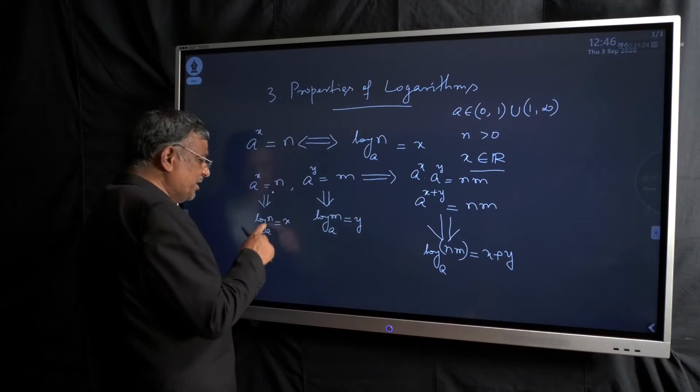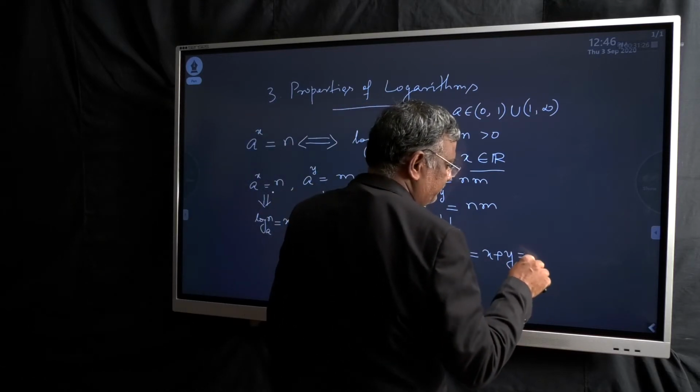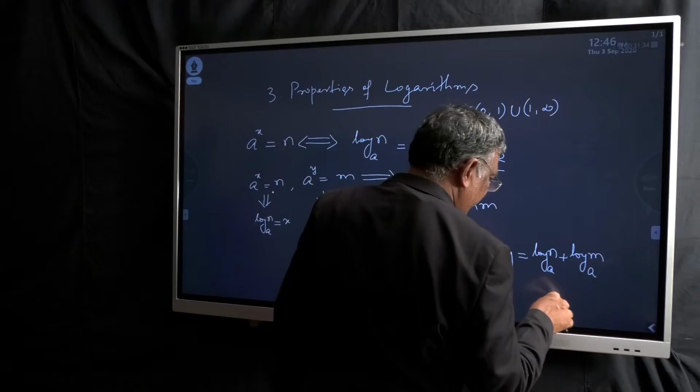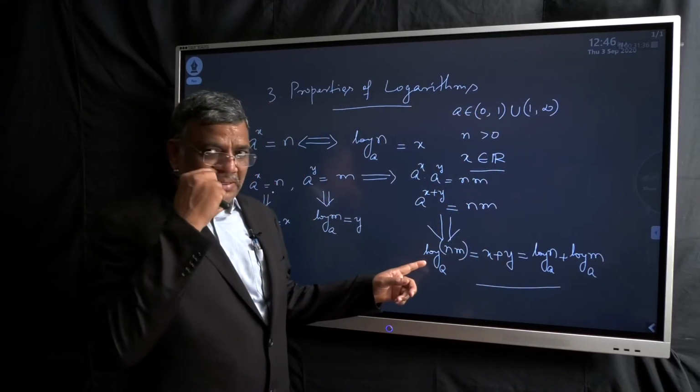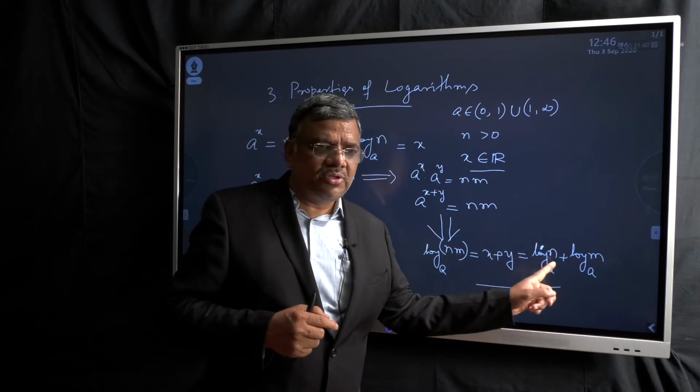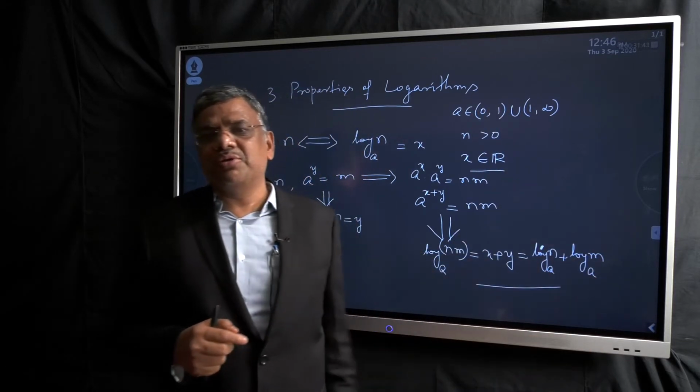Now here x means log n to the base a and y means log m to the base a. So log of nm to the base a is log n to the base a plus log m to the base a.